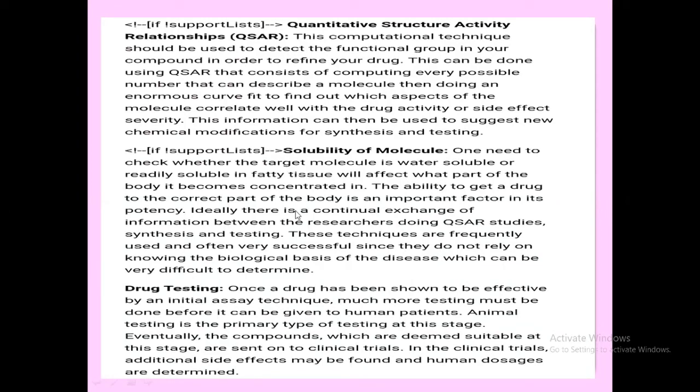One needs to check whether the target molecule is water soluble or readily soluble in fatty tissue. This will affect what part of the body it becomes concentrated in. The ability to get a drug to the correct part of the body is an important factor in its potency.